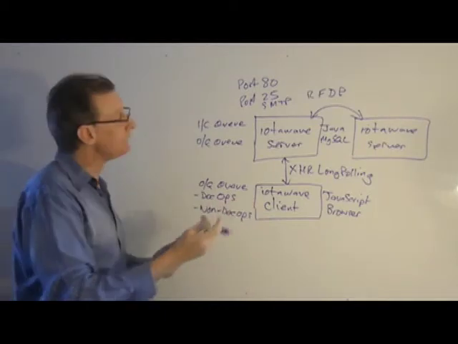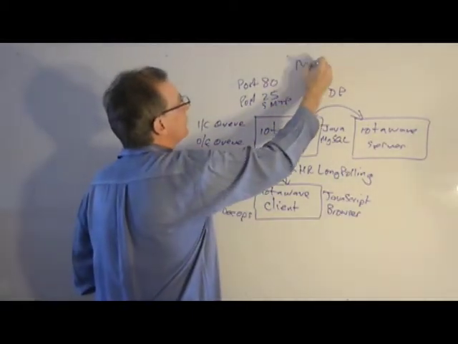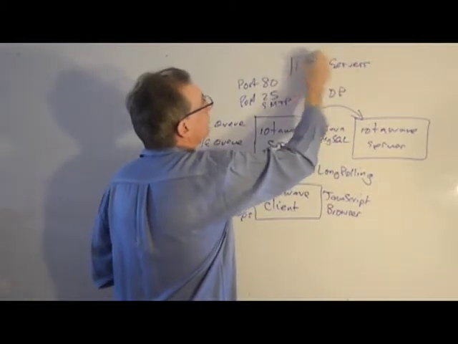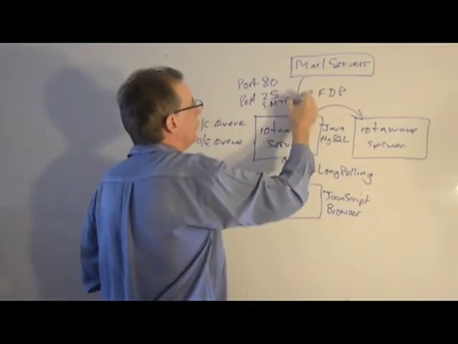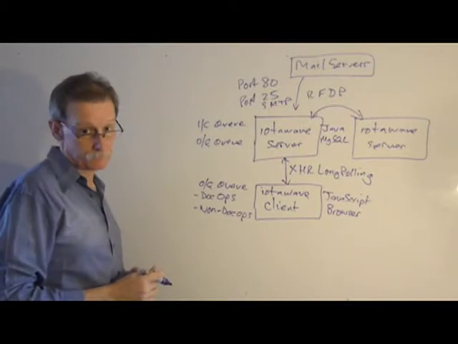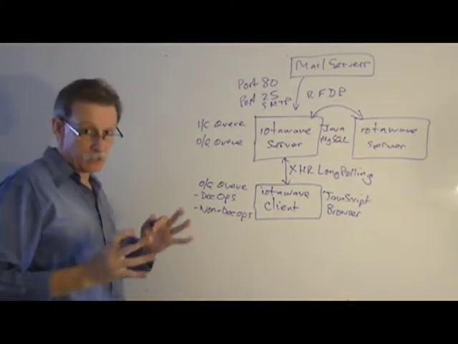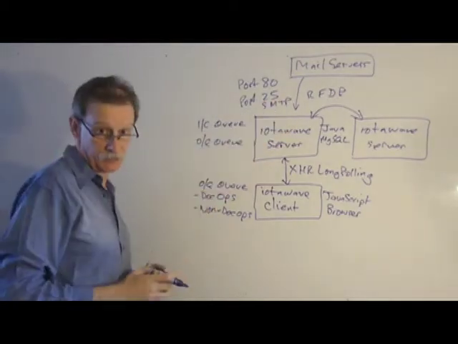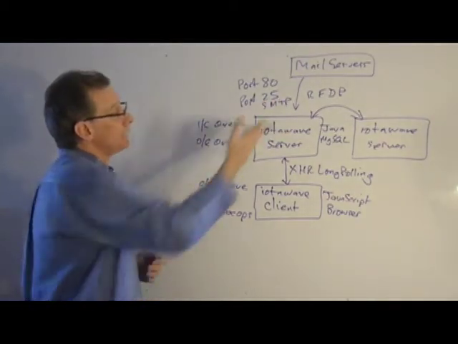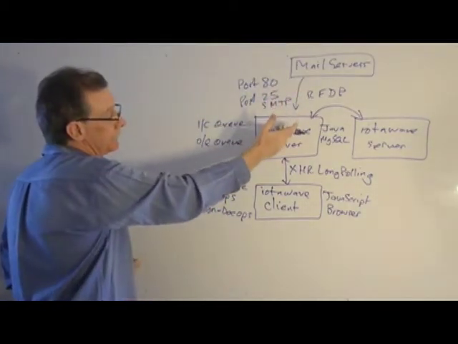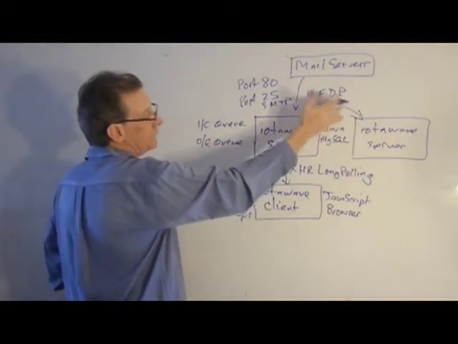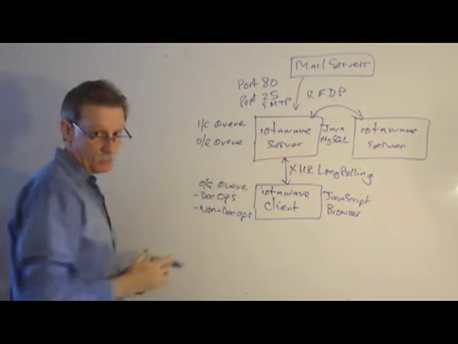So all incoming email, which may come from mail servers which are out there, will come in on port 25. Therefore, the RFDP protocol is in essence an extension of SMTP. We bring in incoming emails which come into the iotaWave server, and we also bring in federated messages which come in on port 25.